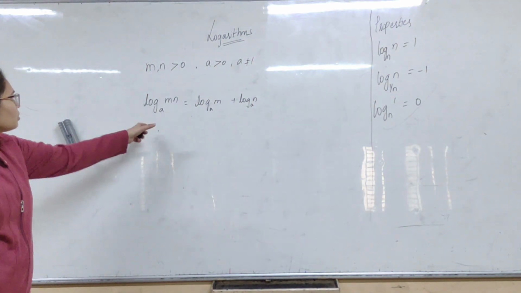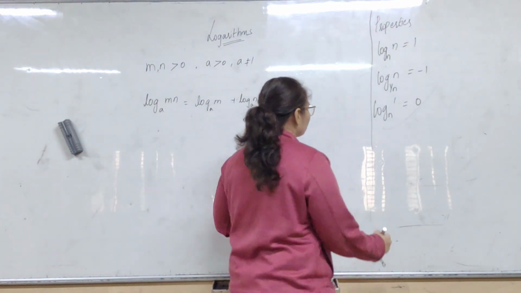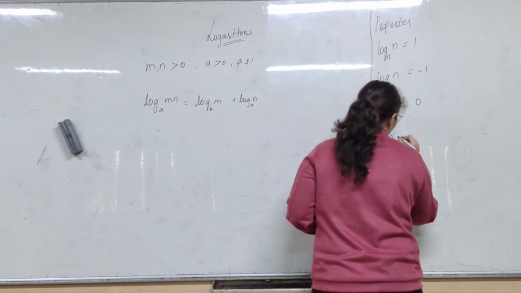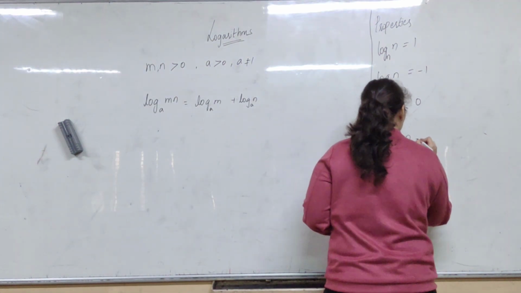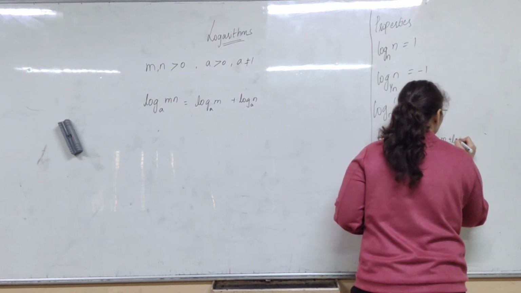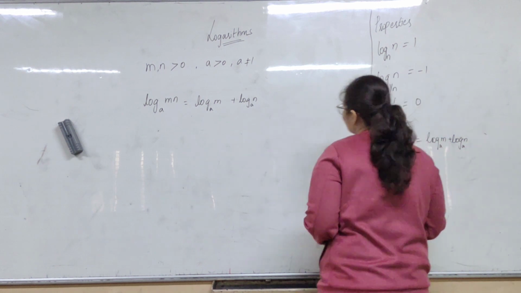So this we can also add in the properties. See, log mn to the base a is equal to log m to the base a plus log n to the base a.